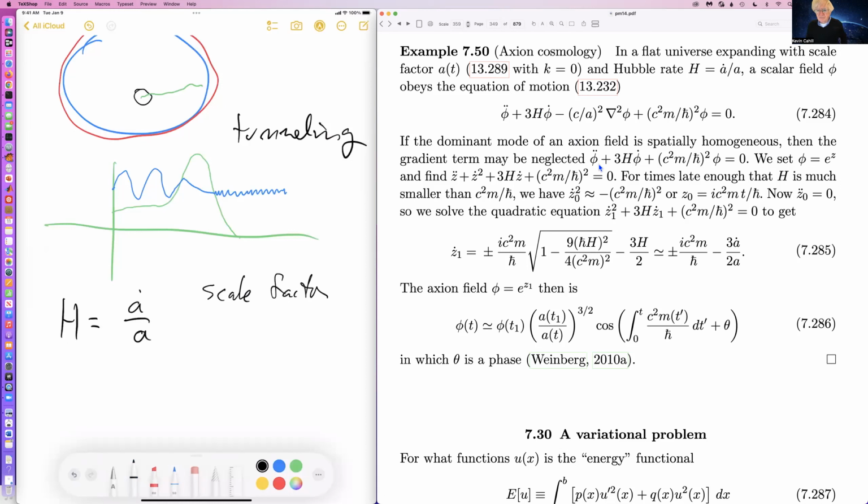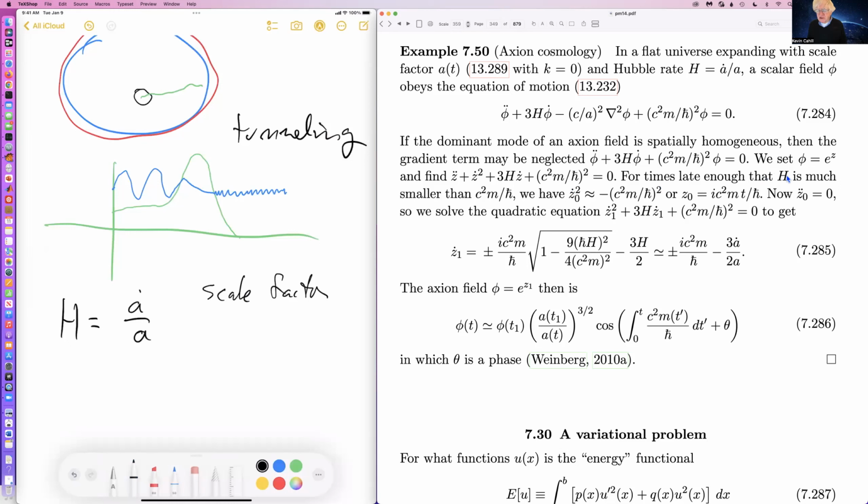And so first of all, we imagine, for simplicity, that the field is spatially homogeneous, so we get rid of this term. Spatial homogeneity means you have a lower energy solution, so it's not implausible. You then set phi equal to e to the z, and then you get this expression.